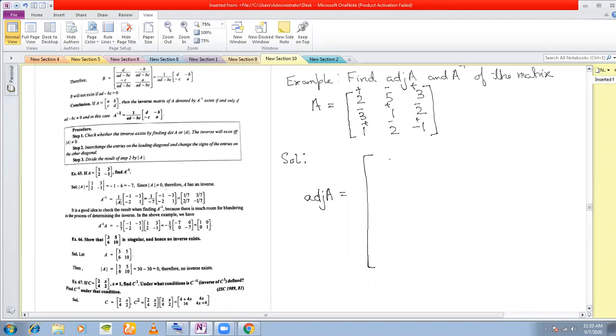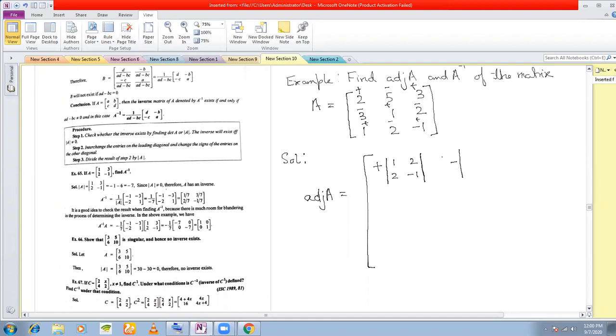This is your plus position. So plus. What is the minor of 2? 1, 2, 2, minus 1, right? Tell me whether you understand or not. This is a minus position, so you give a minus sign.